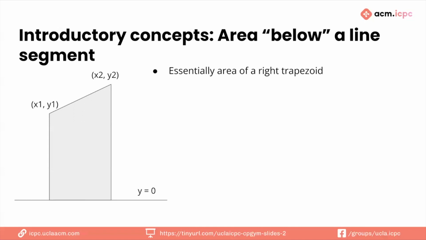Yes? 1/2 the bases, which is y1, y2. Okay. And then... No, 1/2 of their sum, right? Yes, the sum, and then times the height, which is x2 minus x1, right? Yeah. No worries. Exactly. So basically, you multiply the sum of the bases by the height and divide it by 2. So that would be the area.